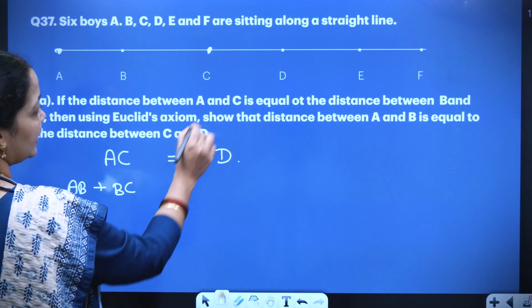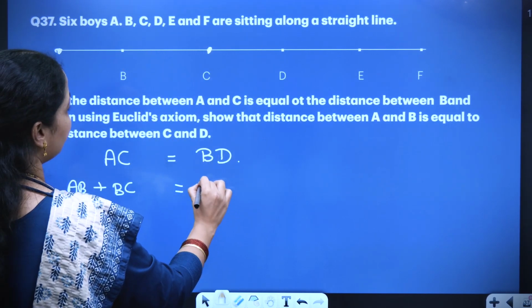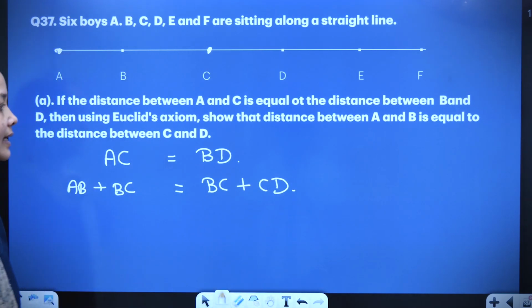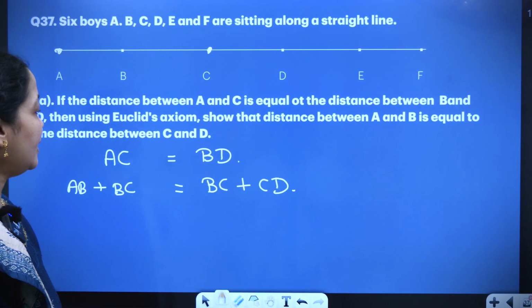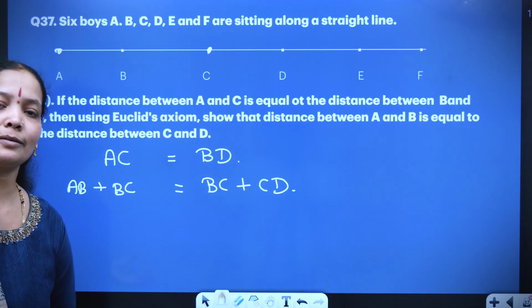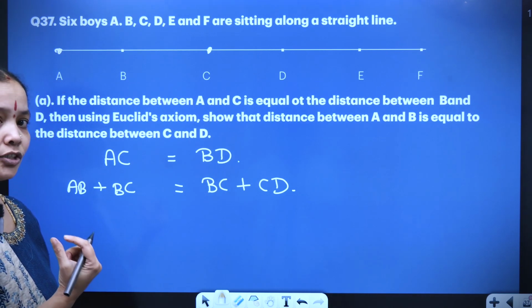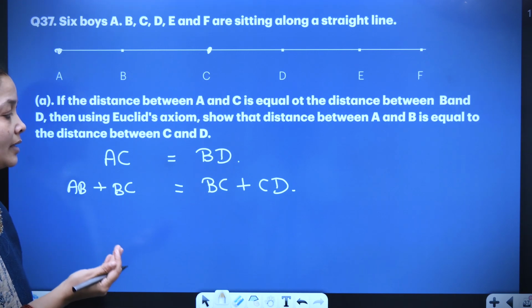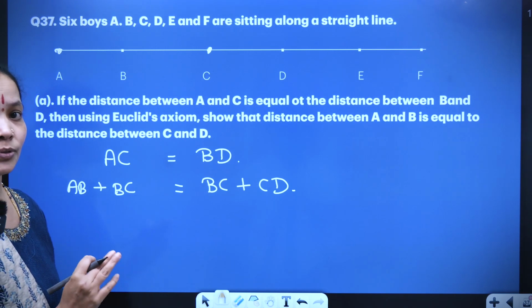Same with BD. I can write the line segment BD as the sum of BC plus CD. Now Mr. Euclid said in his axiom that when I have two different line segments and I am subtracting a set of similar lengths from the line segments, the remaining parts are equal to each other.